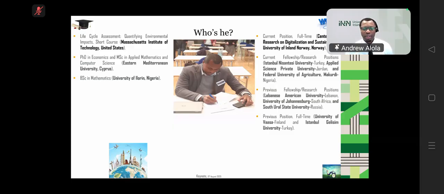Previous fellowships include Lebanese American University, University of Johannesburg in South Africa, and South Ural State University in Russia. Previous full-time employments also include the University of Vaasa in Finland and Istanbul Kelisim University as well.